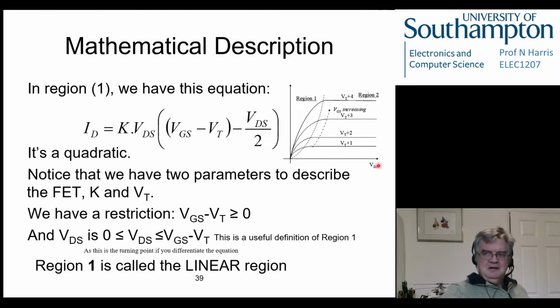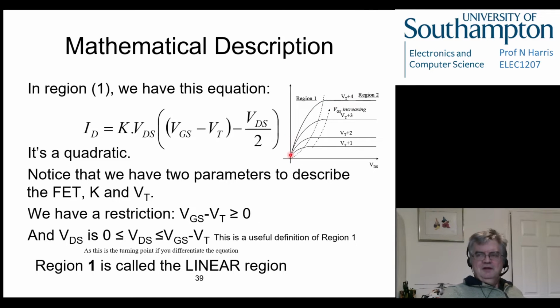Okay. Now it's called the linear region because if you looked in at this bit down here, you would see that you could approximate at least this part of the curve with a straight line, and the slope of that straight line can vary depending on what control voltage we've applied to it. So here we've got a narrow slope, and then for this curve here we've got a steeper slope.